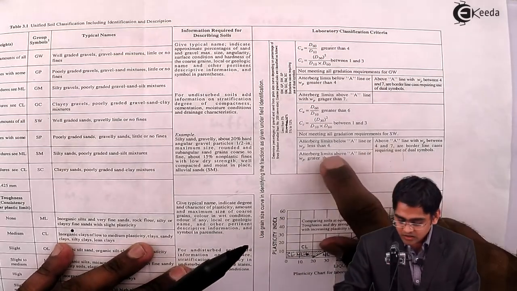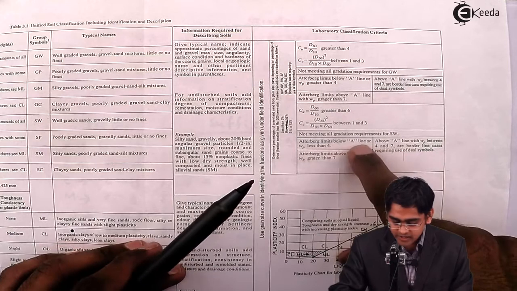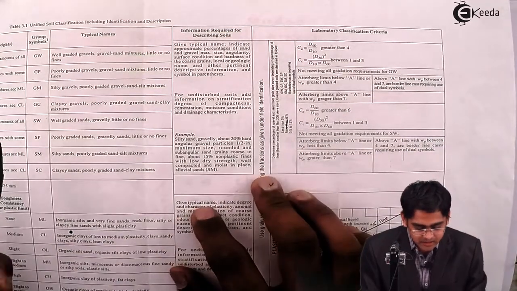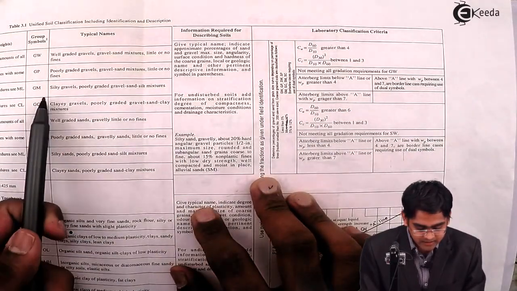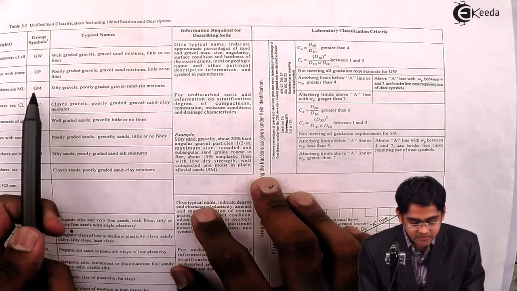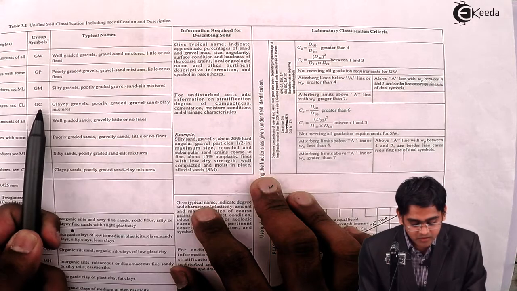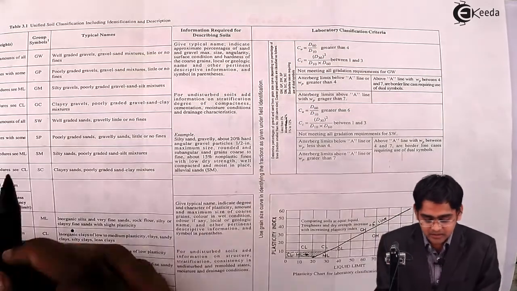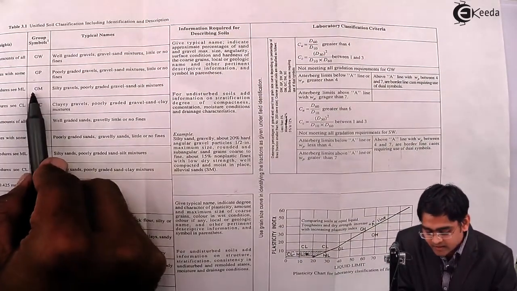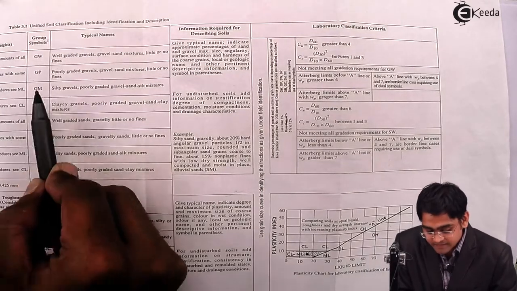So if you have a soil which is particularly GM or GC, called silty gravel or clayey gravel, that means here gravel percentage is higher, silt is a minor content.